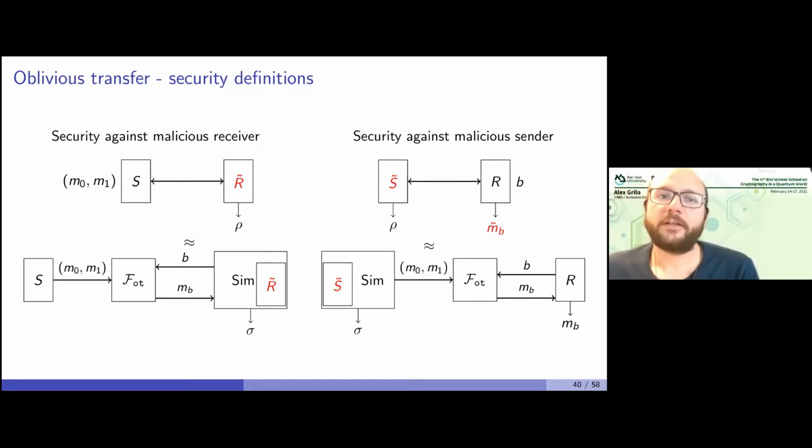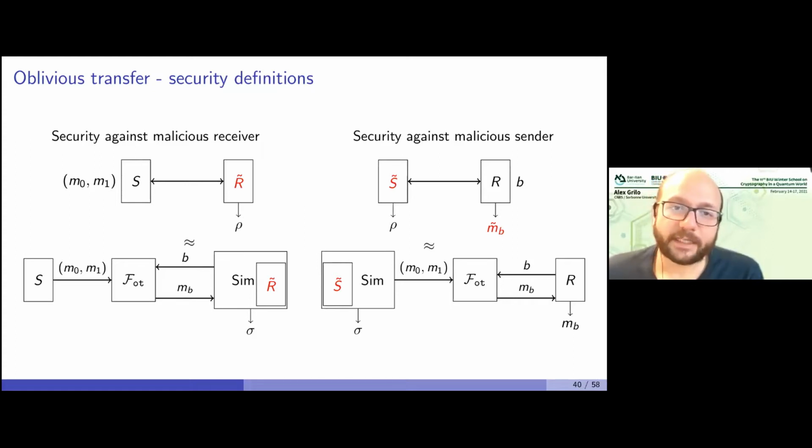On the other side, for security against a malicious sender, what we want to show is that no matter what the malicious sender does when interacting with the receiver, whatever the sender outputs and the message output by the receiver should be indistinguishable from the ideal case.